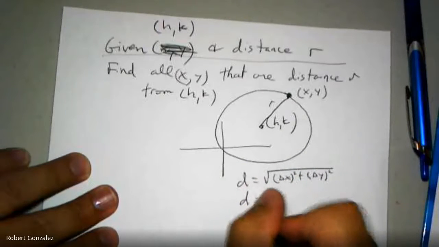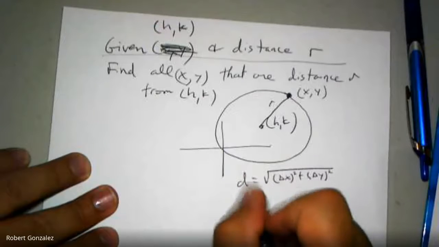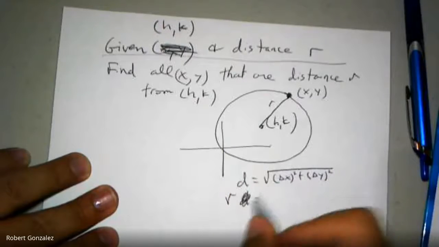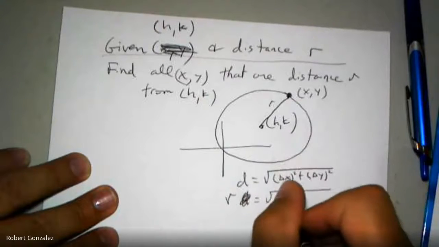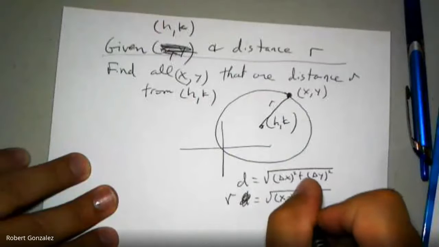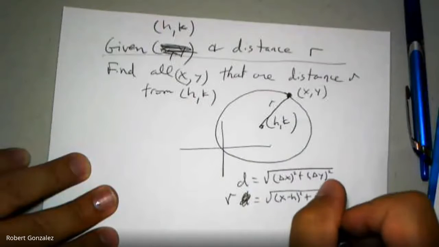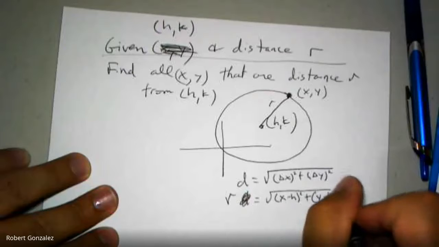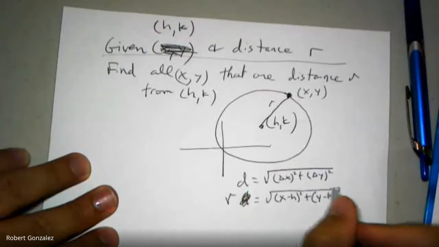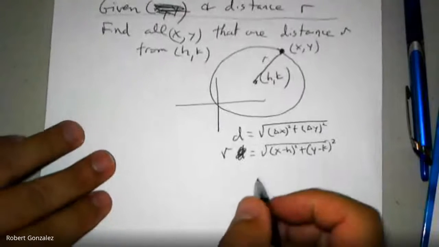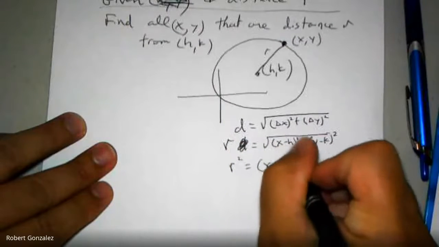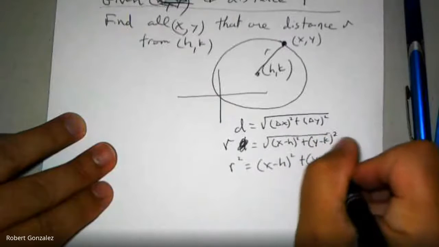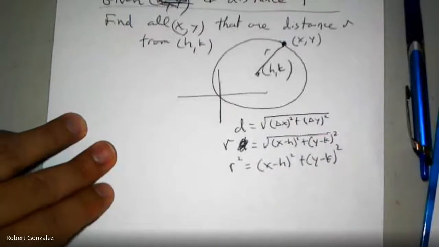That means, let me change the d to an r, r equals, and I'm going to do the distance now using these two points. The difference of the x's is x minus h squared. The difference of the y's is y minus k squared. If I square both sides now, I get the standard equation of a circle, which is r squared equals x minus h squared plus y minus k squared. That's it. That's a circle.